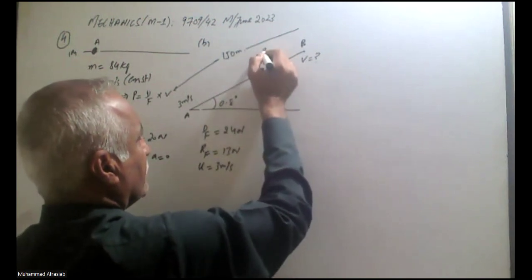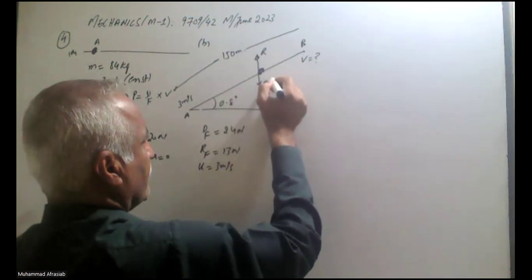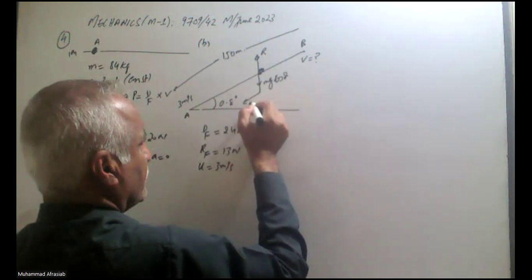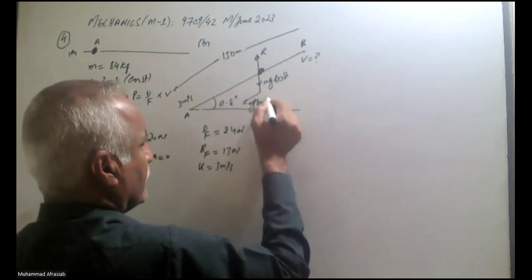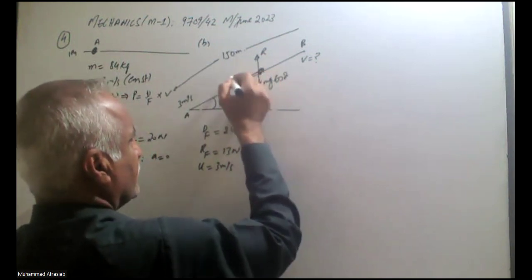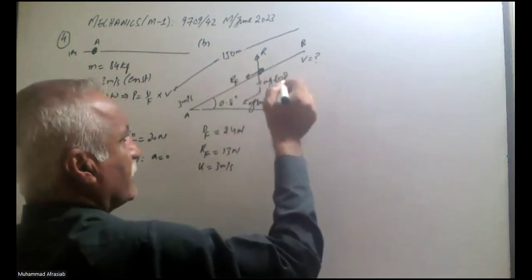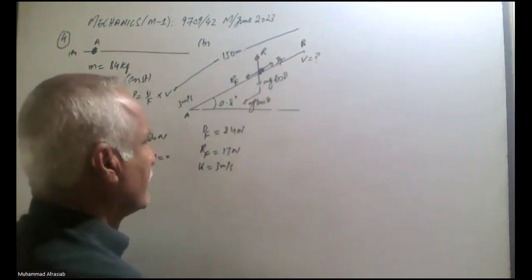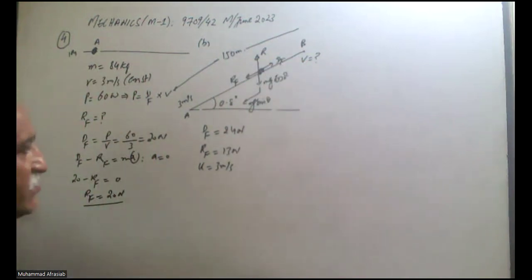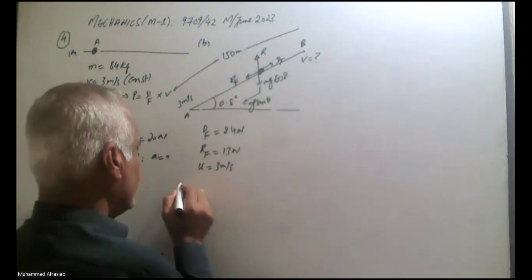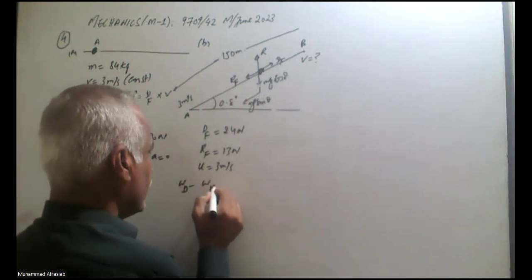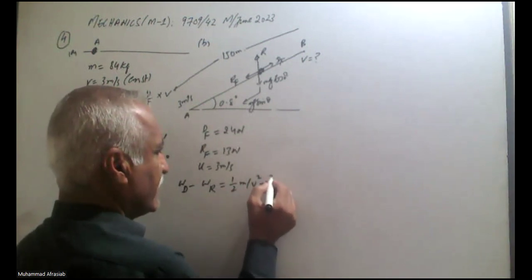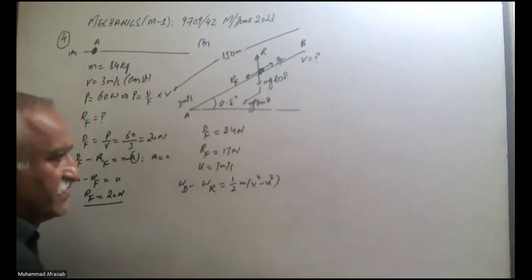This is R, this is mg cos theta, this is mg sin theta, and this is the resistive force, because it is moving in the upward direction, and that is the driving force of that particle. We know from the work energy principle that the work done by driving force minus work done by resistive force is equal to change in kinetic energy of the system.